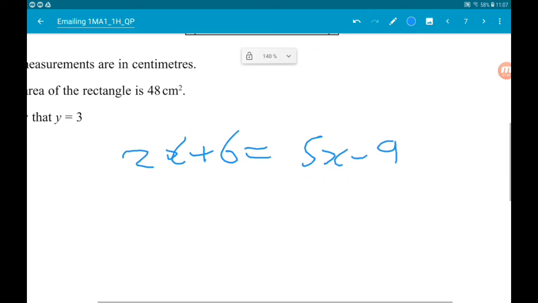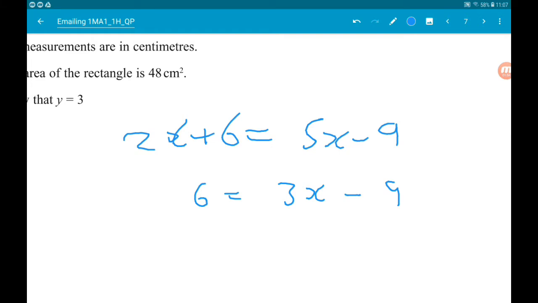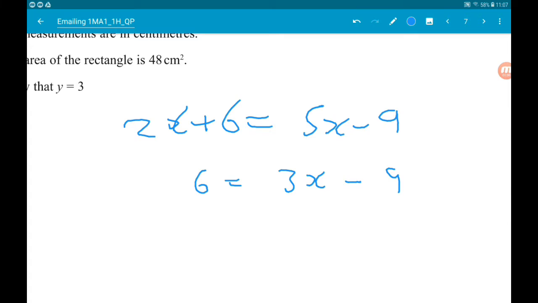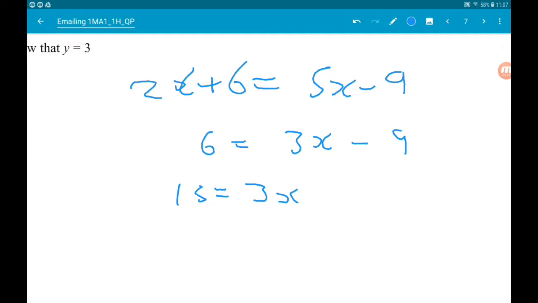If we take away 2x from both sides, we get 6 is 3x minus 9. If we then add 9 to both sides, we get 15 is 3x. And divide by 3, we get 5 is equal to x.